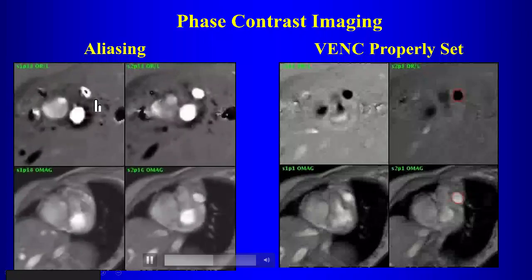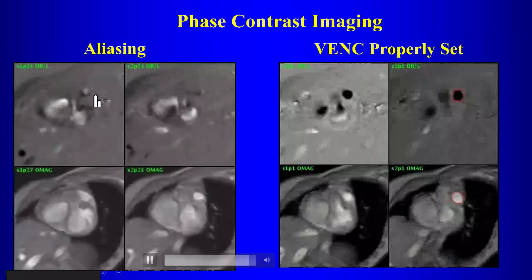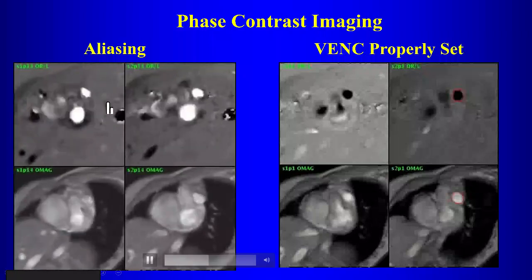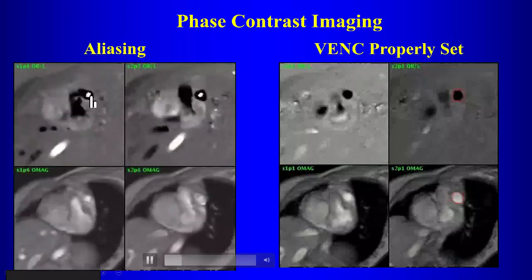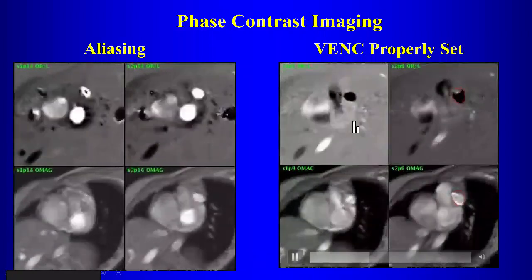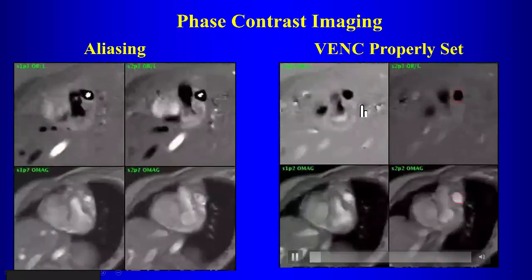That's aliasing. That means that the blood flow here in the center is higher than what you have set the velocity encoding gradient at. So your velocity encoding gradient here is too low. You're getting aliasing here in the middle of the vessel during systole. So what do we do? We increase the velocity encoding gradient. Now we can still depict the pulmonary regurgitation.